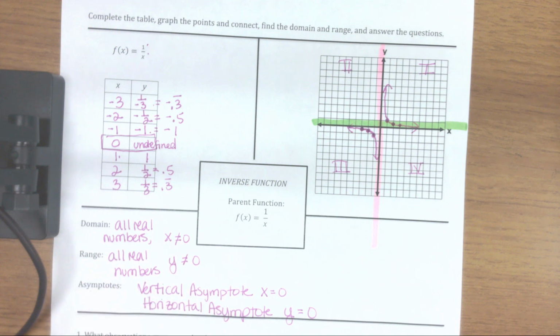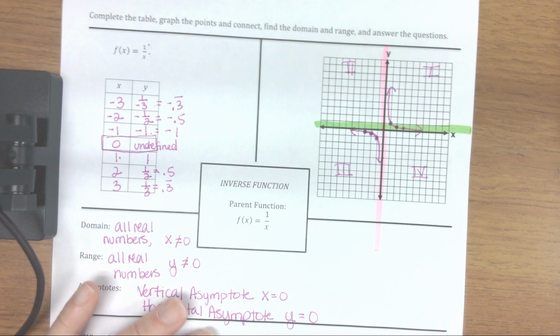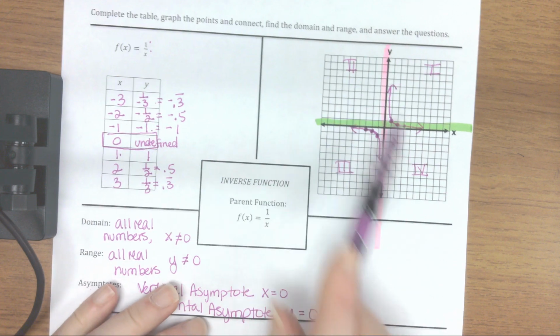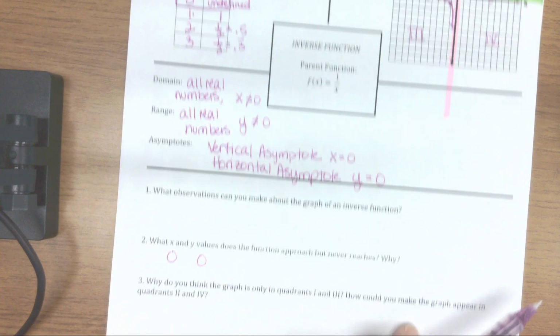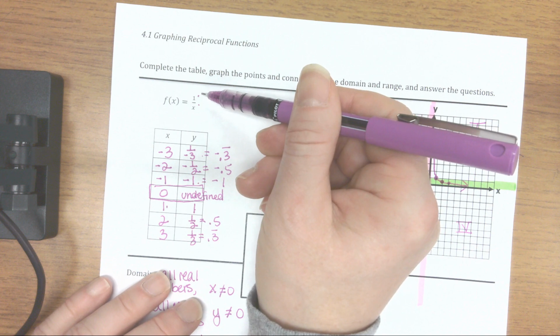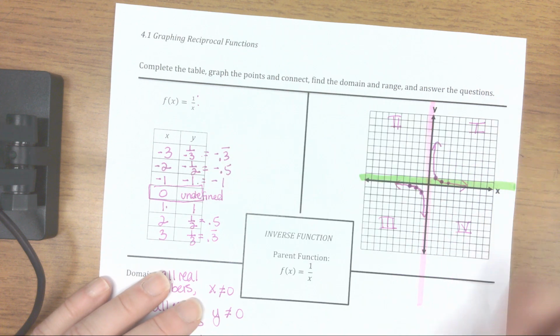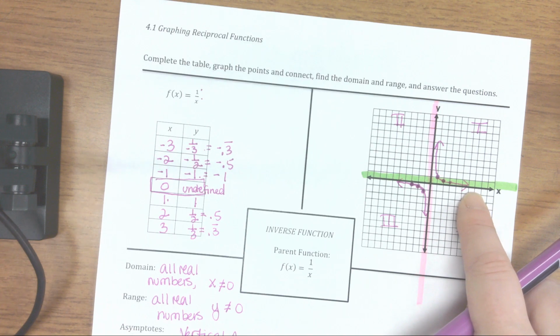Do you notice that the graph shows up here and here, but it doesn't show up here and here? I want you to think about why. What kind of number is 1? Is it positive or negative? Positive. And over here, x is positive. If you take a positive number and divide it by a positive number, what are you going to get? A positive.